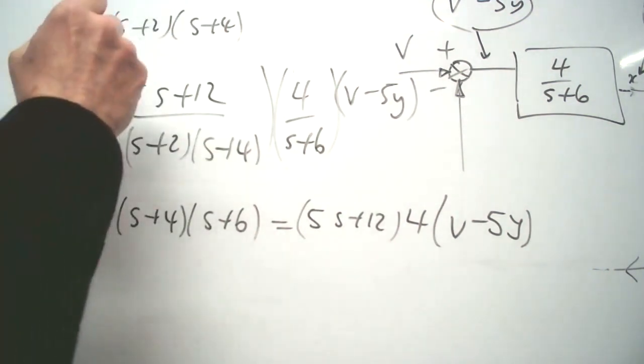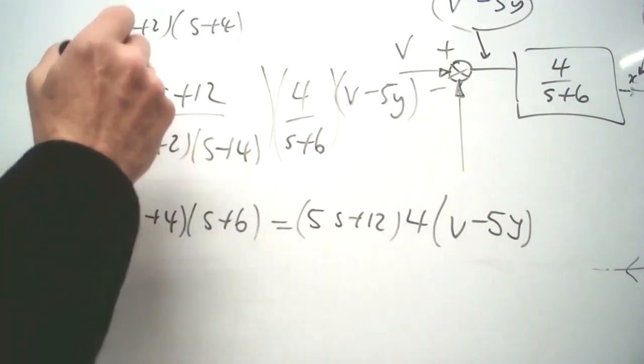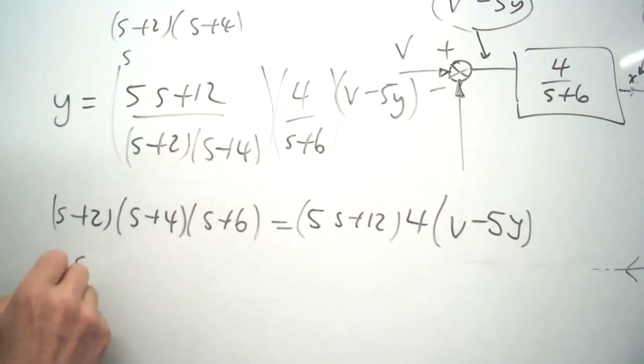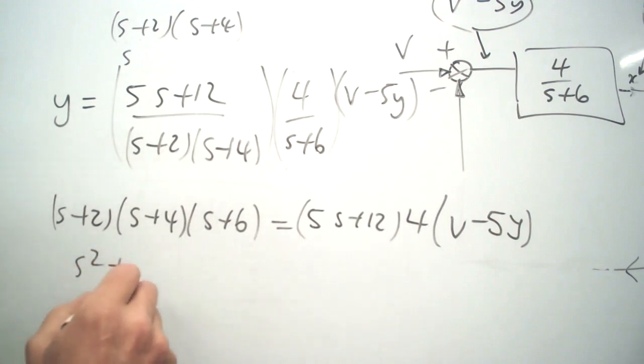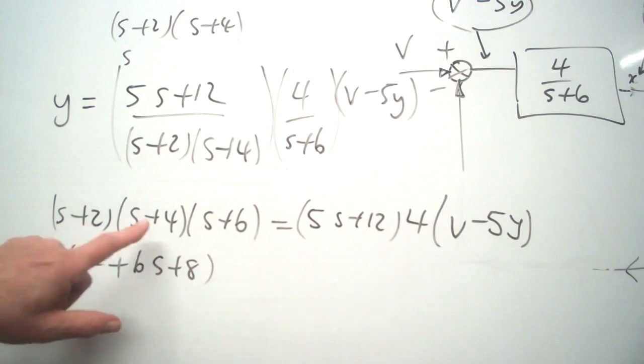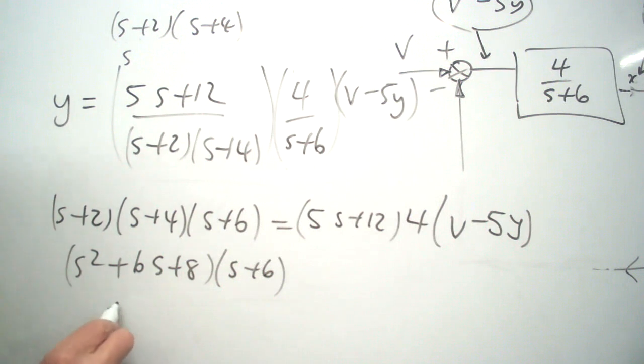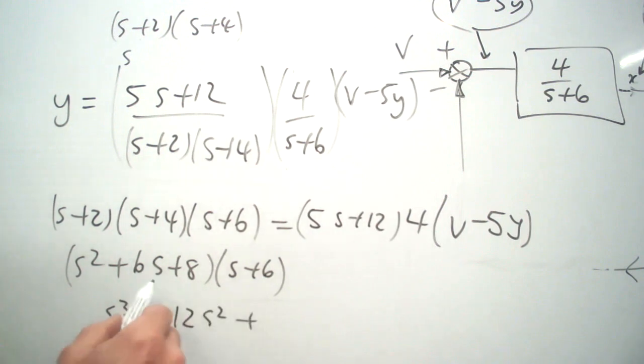That's going to come out as s squared plus 6s plus 8. So s plus 2 times s plus 4 is that. Now we're going to multiply that by the s plus 6. That's going to give me s cubed, and then 6 and 6 is 12s squared.